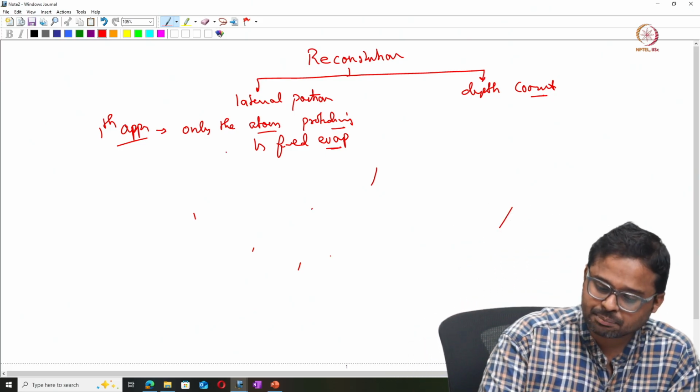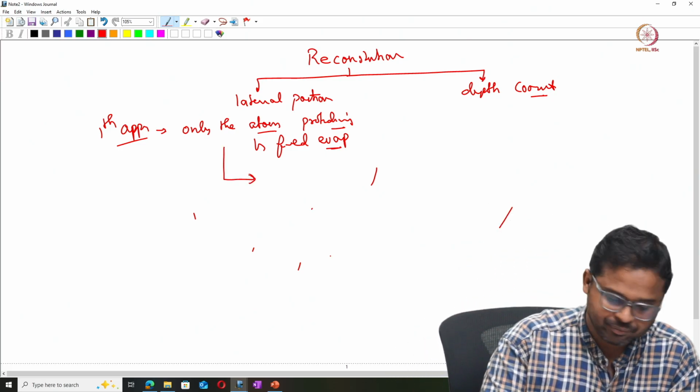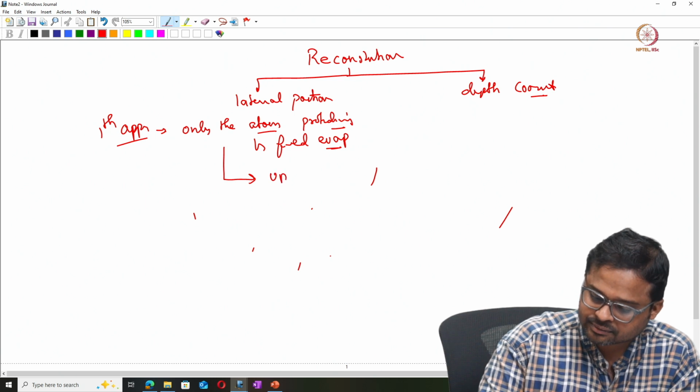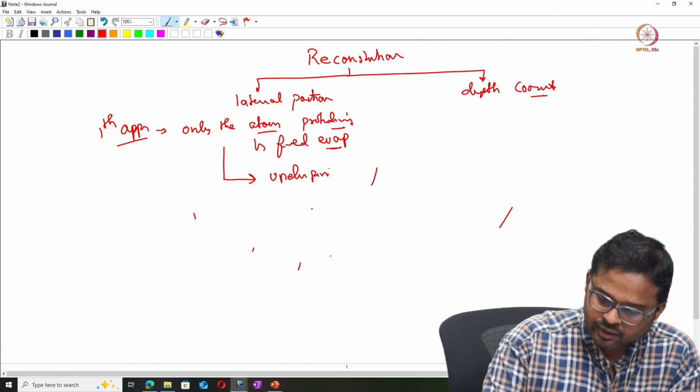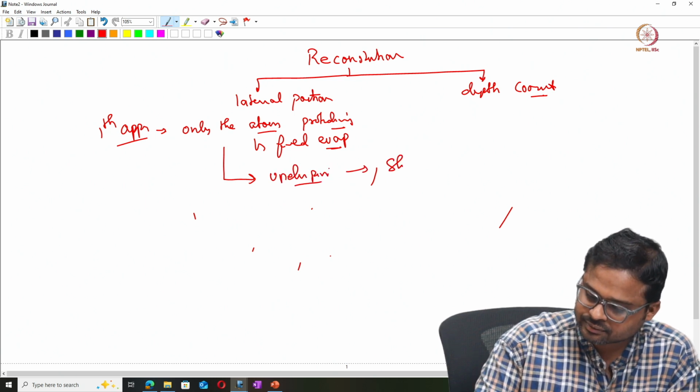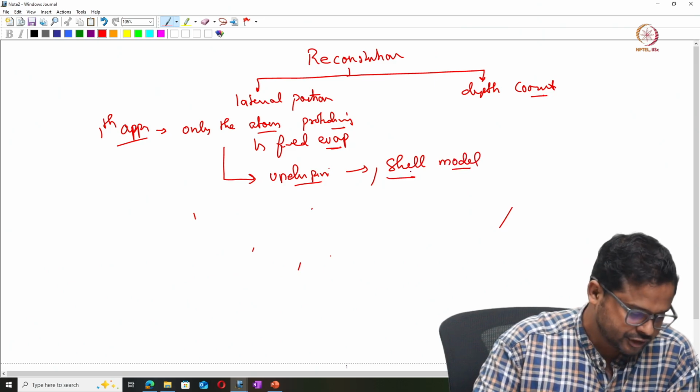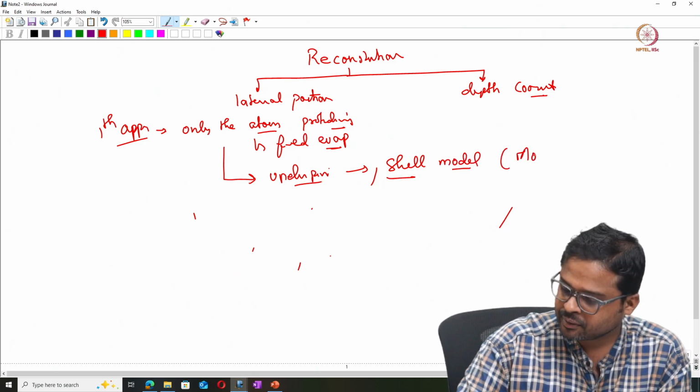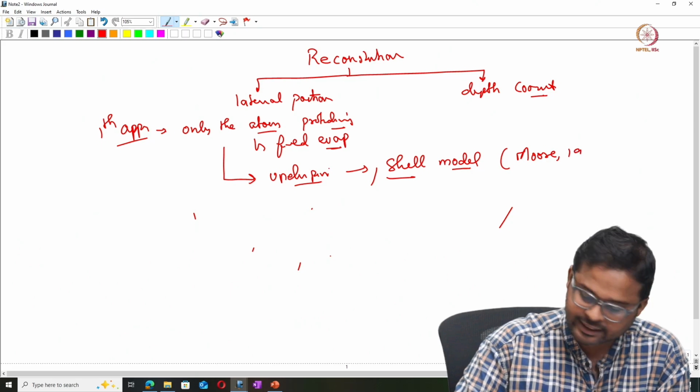Okay, this particular assumption underpins the shell model. The shell model was proposed by Murray in 1967.